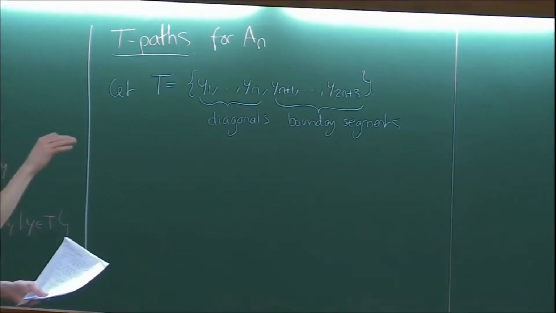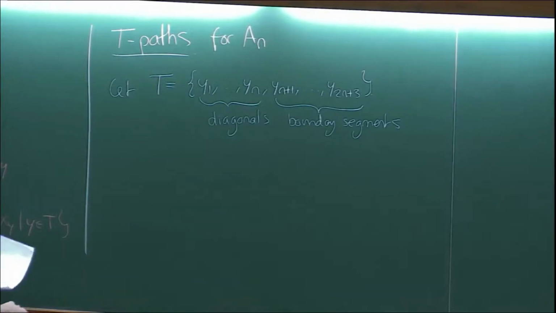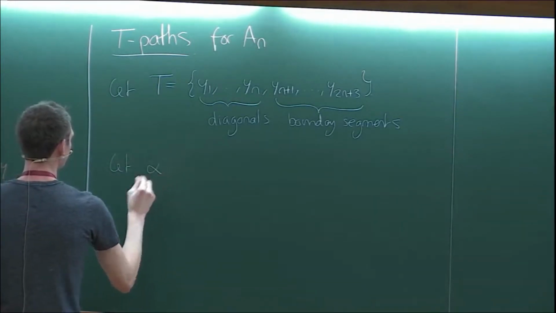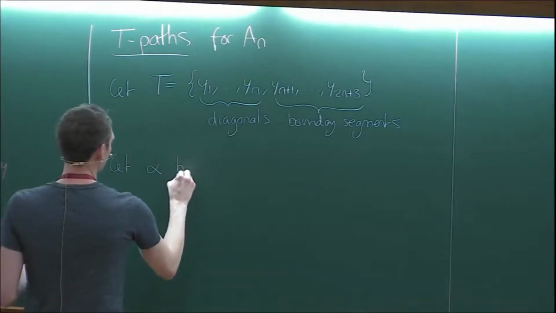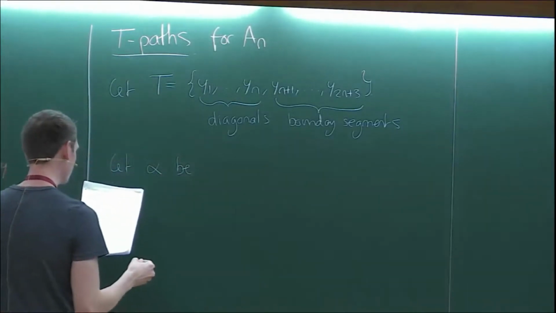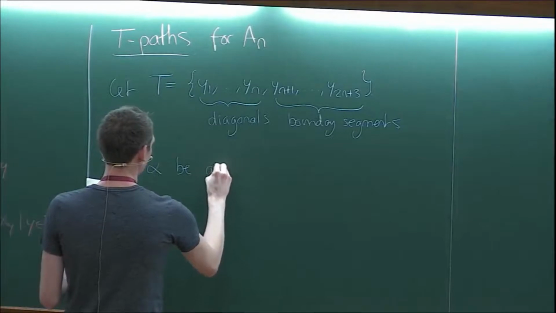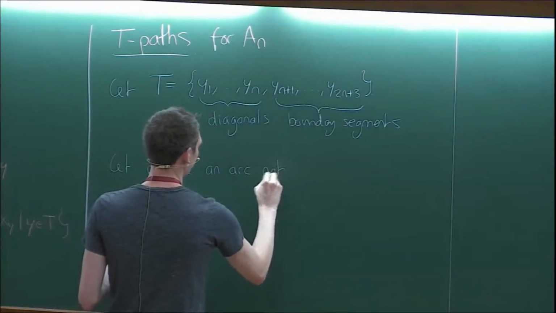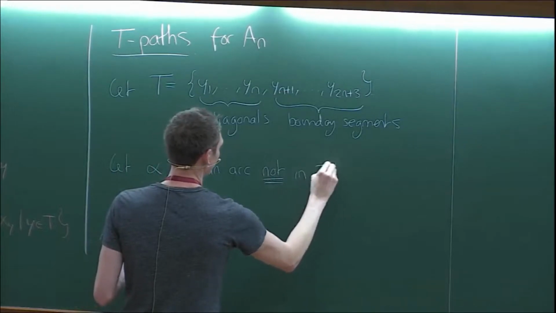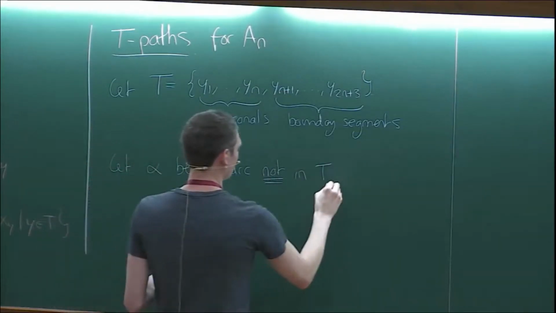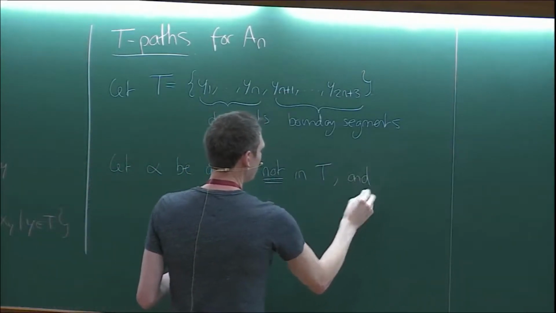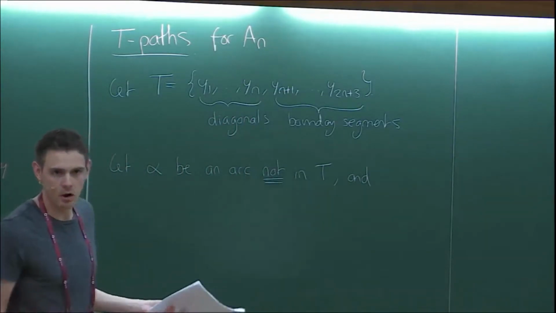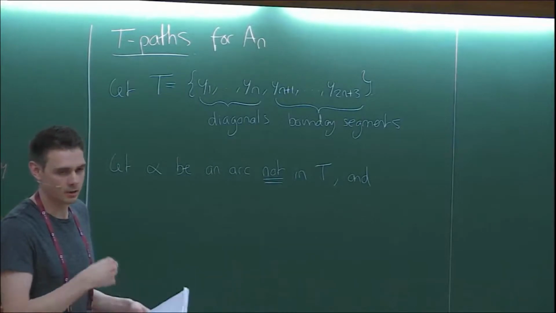And then we want to look at some distant cluster variables. So let's pick some arc on our surface, alpha, which is not in our initial triangulation. And we put some orientation on this arc, right? And obviously there are two ways.